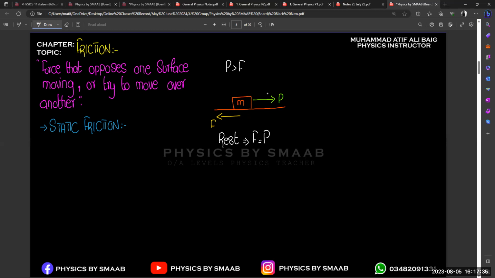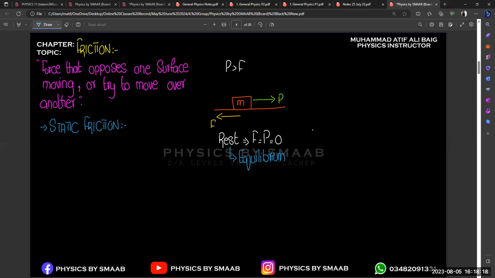Their resultant is zero, or F equals P, so both are equal and opposite. Sometimes we use the word rest and sometimes equilibrium, but the concept is the same: we need to use the equilibrium concept. If both forces are equal and opposite, the body is at rest.